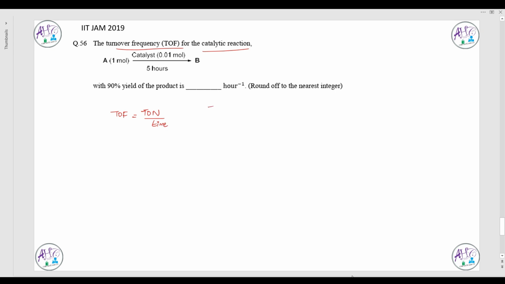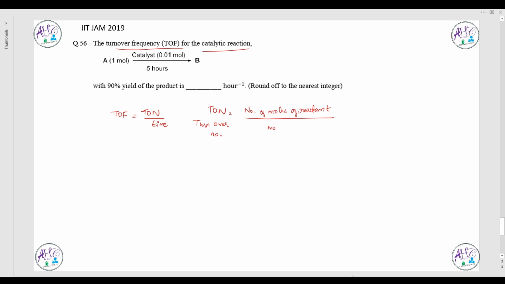Okay, so இப்போ உங்க turnover number என்ன? So turnover number is equal to number of moles of reactant by number of moles of catalyst.